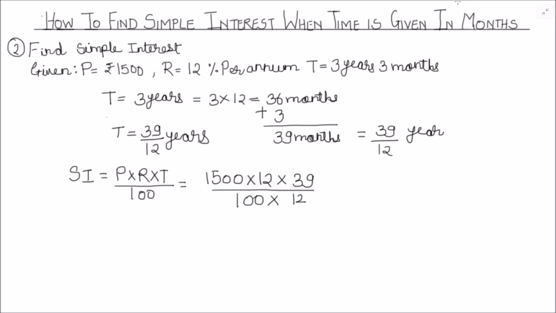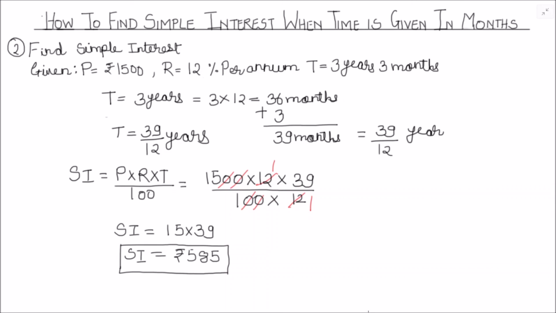So we can simplify this. These 2 zeros get cancelled with these 2 zeros and 12 times 1 and 12 times 1. So we are left with 15 times 39. So this is how, by dividing the time period given in months by 12 to convert it into years, we can find the simple interest by using the same formula very easily.